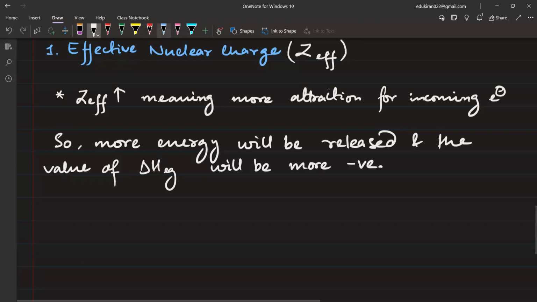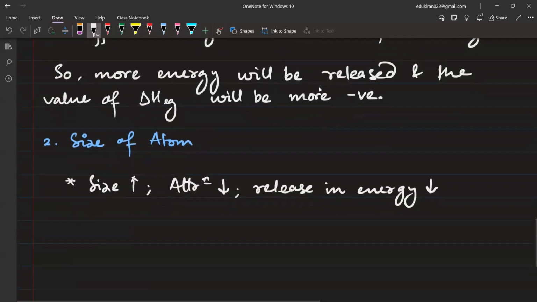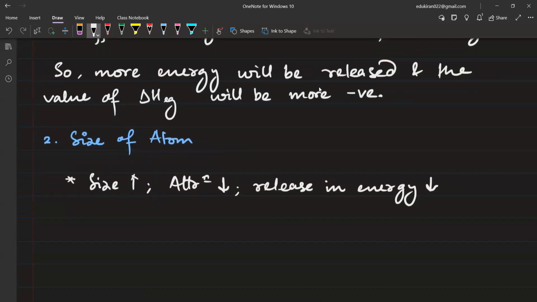Yes, sir. Right. The second factor is the size of the atom. In this, you'll write: size increases, so what will happen? Attraction decreases. Therefore, the release of energy will also be lower. If the size is larger, the attraction will be lower and the release of energy will also be lower.